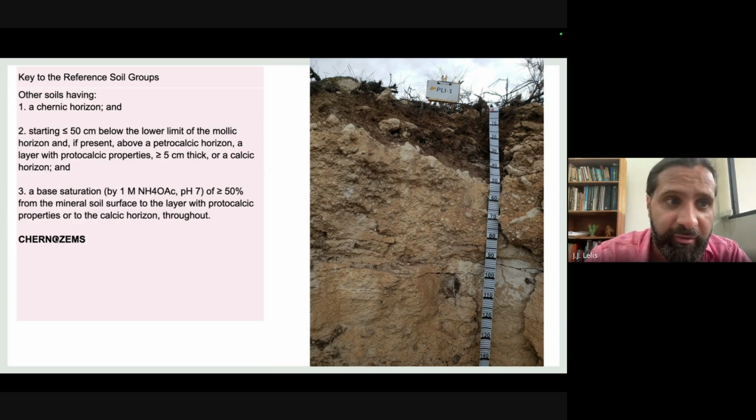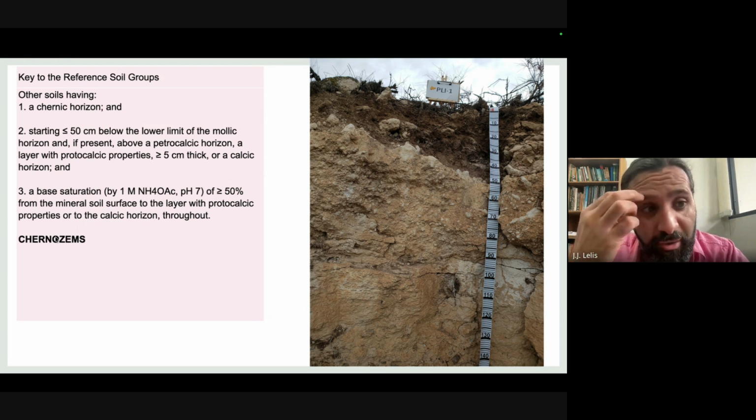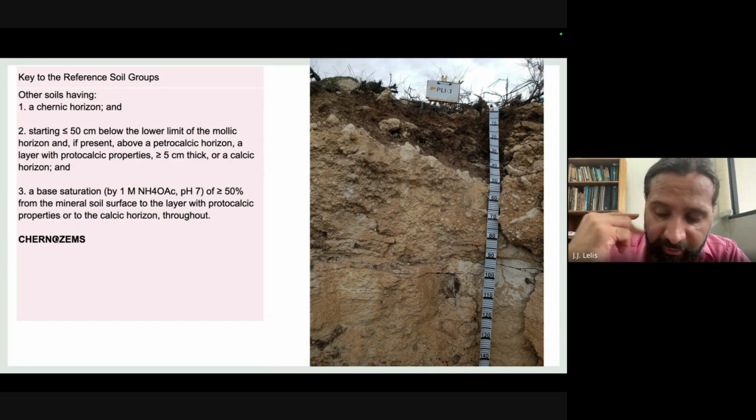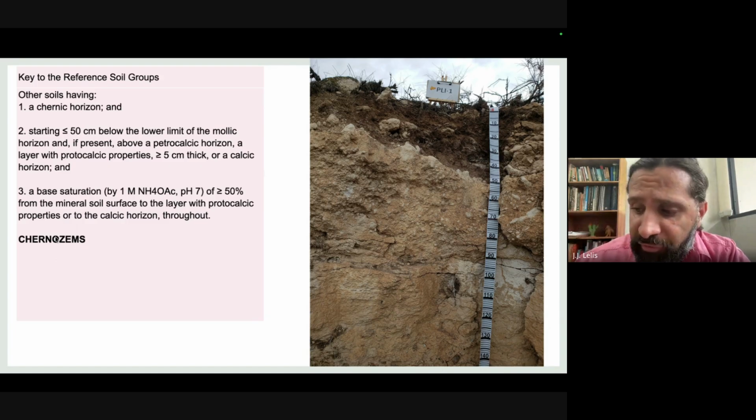Why? Because to identify a Chernozem, first of all, we cannot classify the soil profile in the previous reference soil groups, and first of all we register a Chernic horizon. And the Chernic horizon, you should remember, are those horizons that register a very strong dark color. We must register some strong or moderate grade.